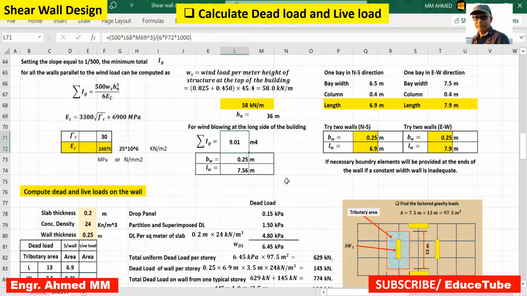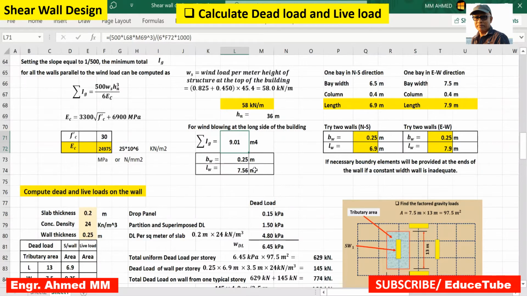Now we can try a size. How to get the size? First we have to assume, say it is 0.25, because we know the Ig. So we can take a planar wall.